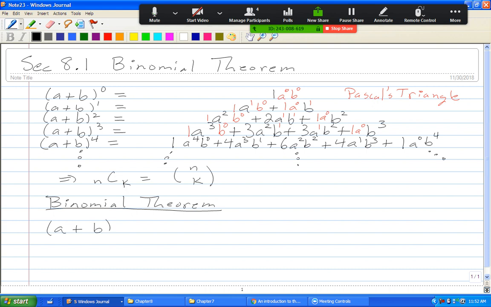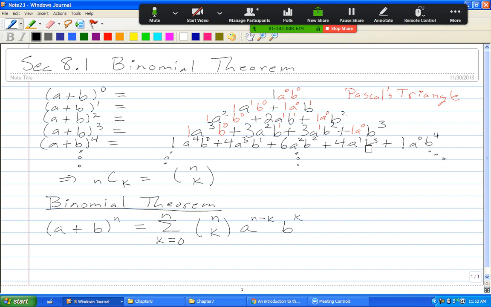(a plus b) to the n is the sum, k equaling 0 to n, just what we've done here, of the member of Pascal's triangle, which is just nCk, times a to the n minus k times b to the k. And that's just each of these members here.